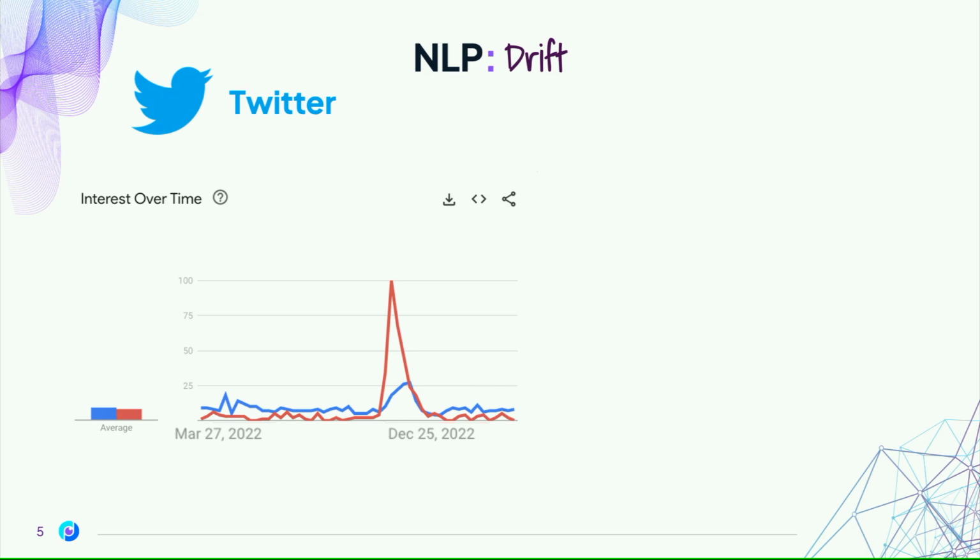Let's say we're trying to predict brand awareness and brand sentiment. So let's look at searches for the term Twitter and its correlation. Around the Elon Musk acquisition last year, many more people were looking for Twitter as a search term than before. If we use our old model of the world, that's some kind of data drift, so more people are searching for Twitter, but that may indicate positive sentiment.